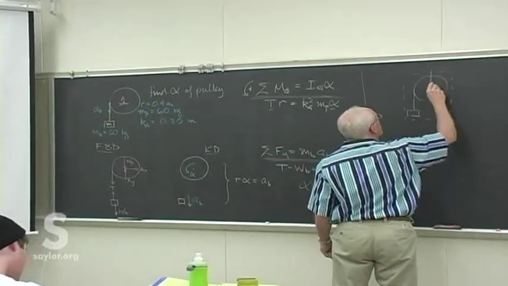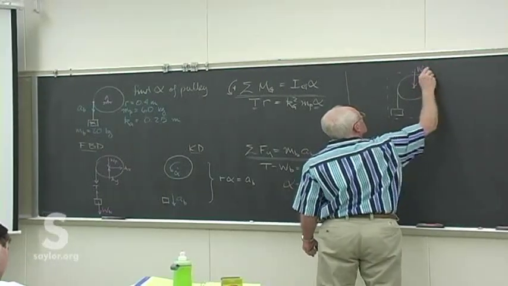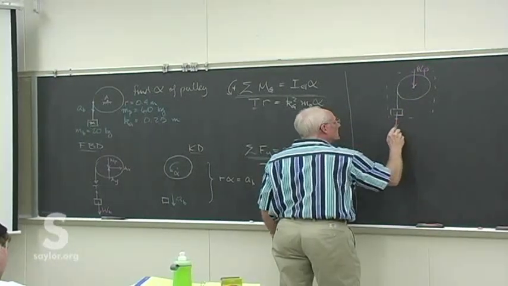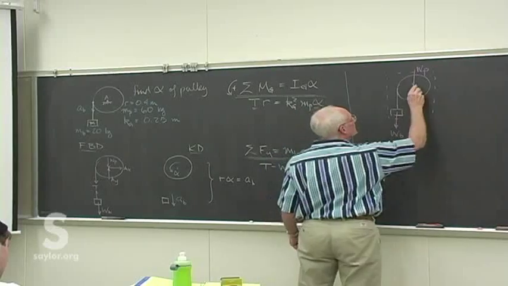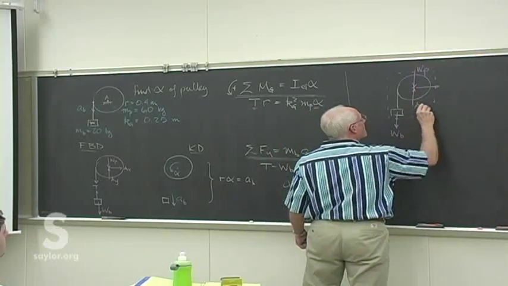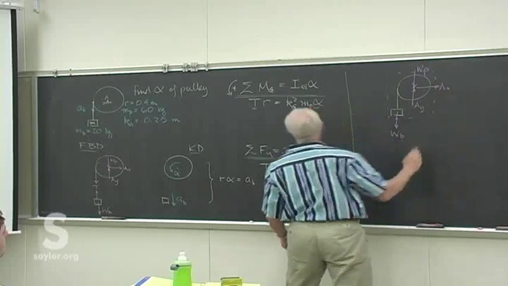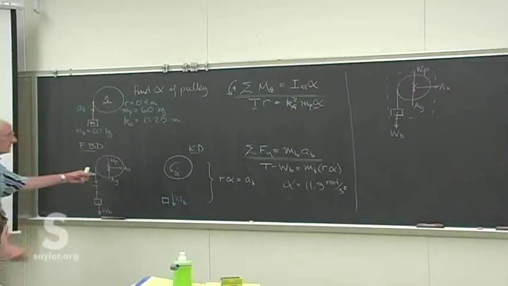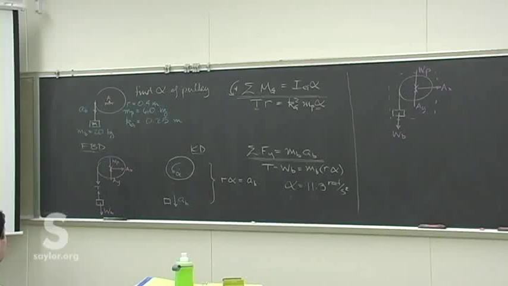Still, we need a free body diagram. So we've got the weight of the pulley there, the weight of the block there, and the two reaction forces, neither of which we were asked for, and we didn't bother finding them the first time.